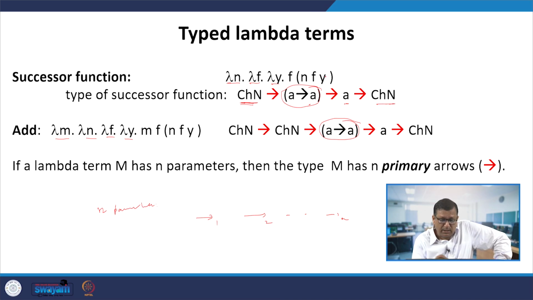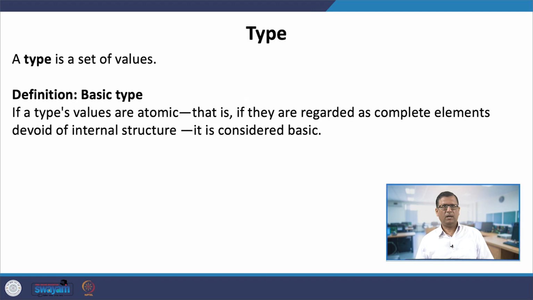Otherwise, it is a function type, then this itself will be an arrow. But the outer structure of red arrows we indicated, that will be only n. So, this is the idea of writing the types quite easily. Given an arbitrary lambda term, we can write the type very easily. We know the outer structure, and then we just fit in the type of the individual parameters, and then we are done.